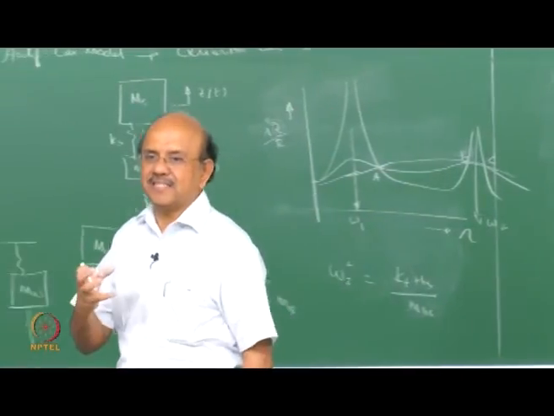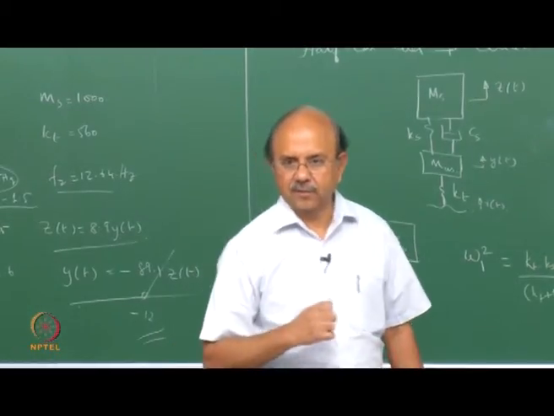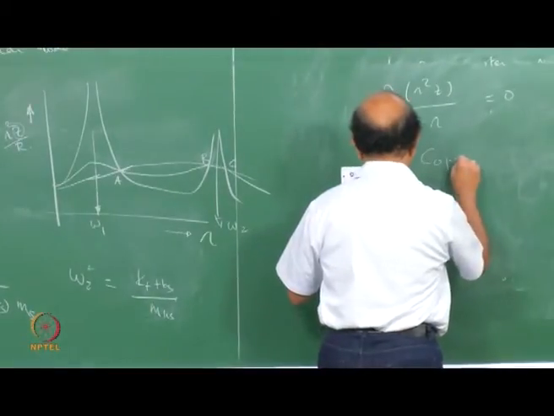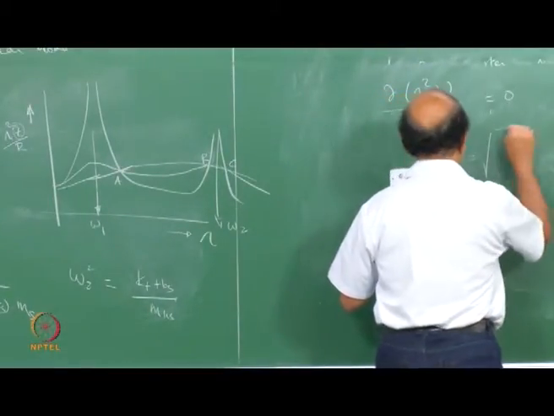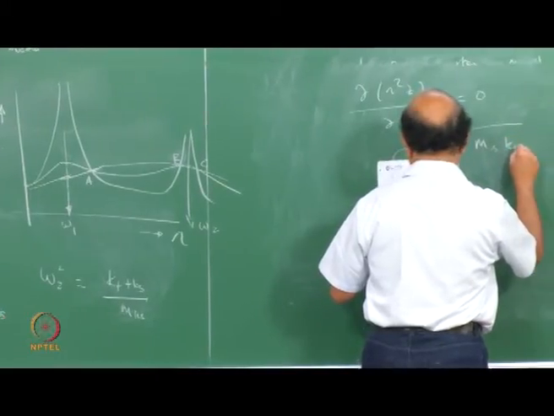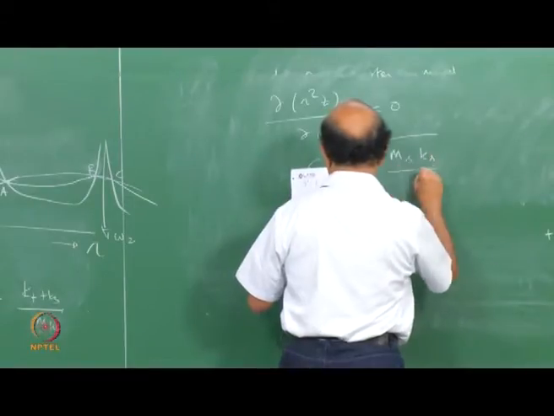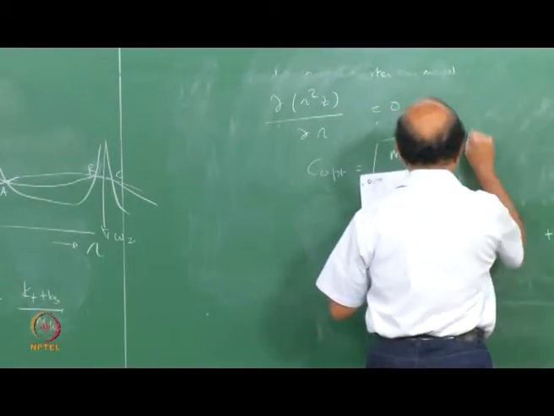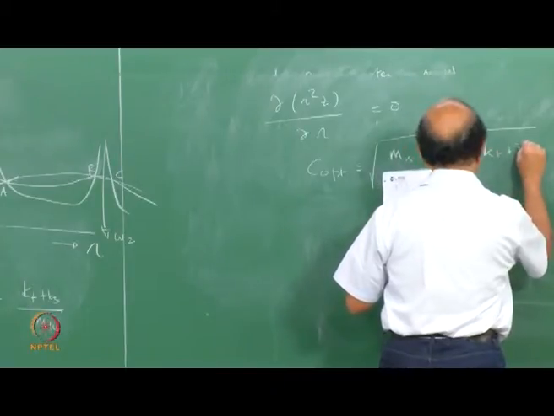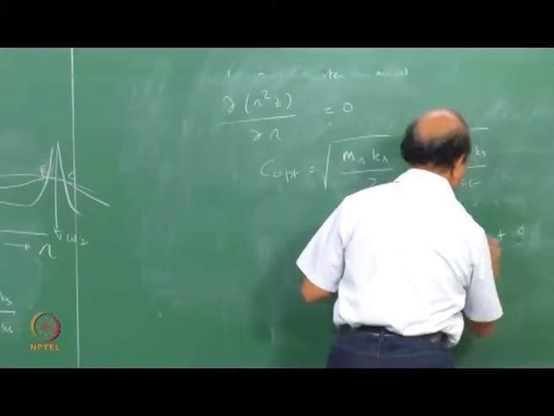Okay, this is the first cut optimized C. So the result is that C optimized is equal to root of ms into ks divided by 2 into root of kt plus 2ks divided by kt.